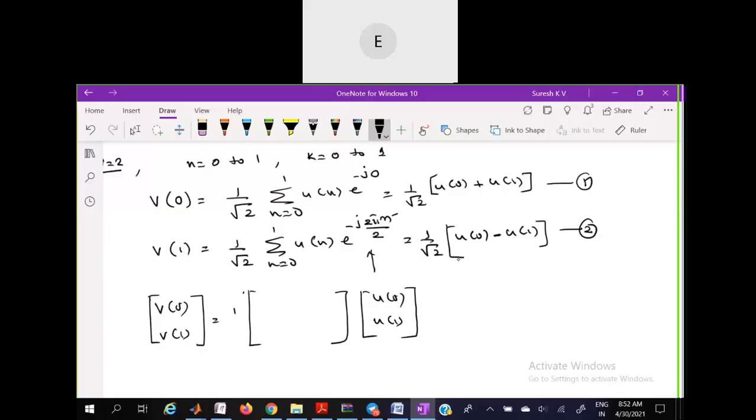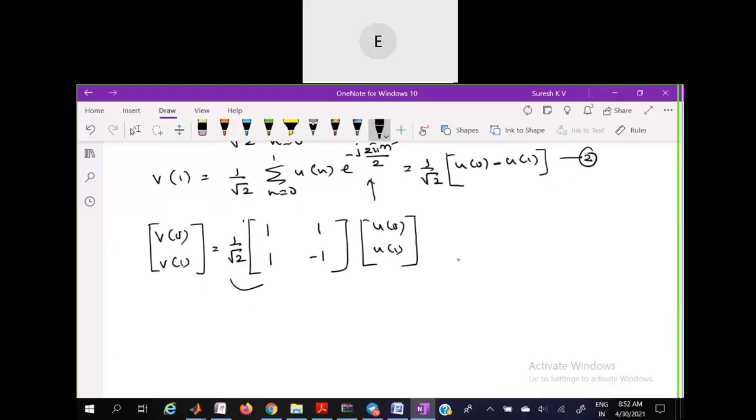Since 1 by root 2 is common across all the values, I'll take it outside. So this is u of 0 plus u of 1, therefore this will be 1, this will be 1. This is u of 0 minus u of 1, therefore this is 1 and this is minus 1. So this is your transformation matrix. I'll just call it as F only because I'm using F for Fourier transform. So this is the matrix.